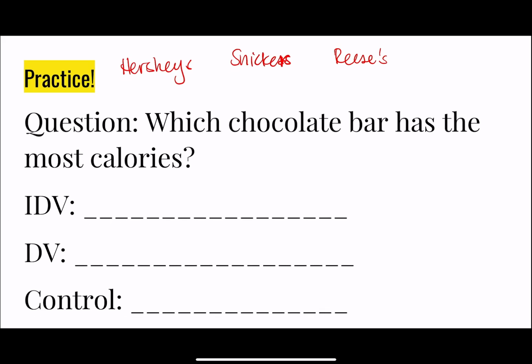So we have those, and this is probably not true, but let's just say this is 100 calories, this is 150 calories, and this is 75 calories. Totally not accurate there. So we have to figure out what is our independent, our dependent, and our control.